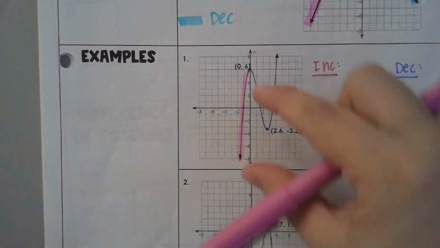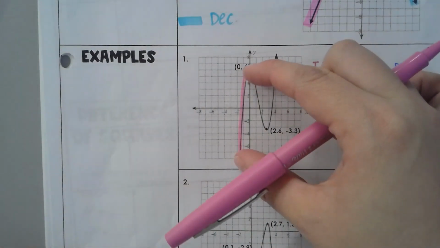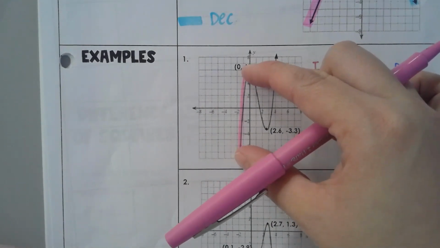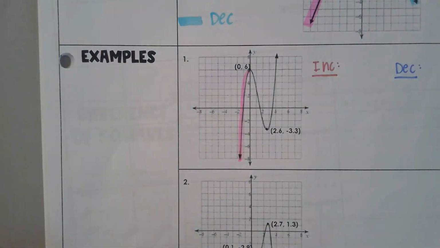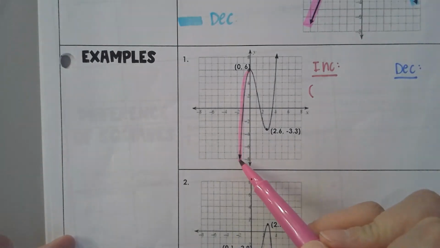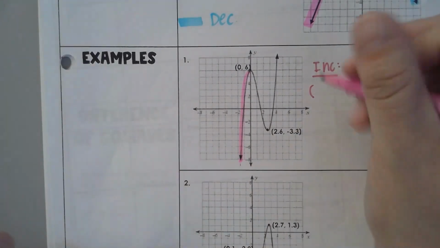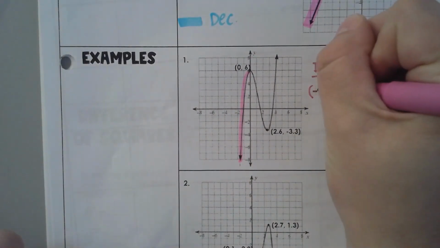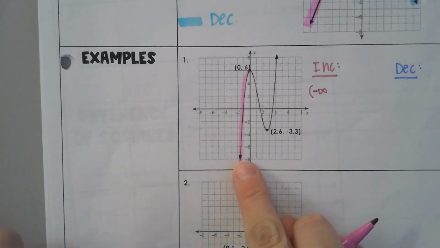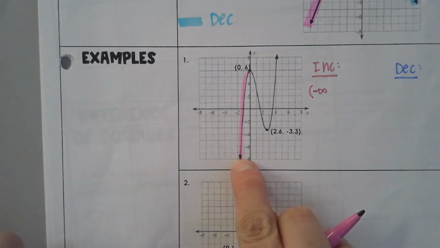What I'm doing is I'm going to say, okay, right here, this section, where do I start increasing? You can't tell. That arrow really means I go on forever. So I'm going to put negative infinity. I technically start on an arrow.